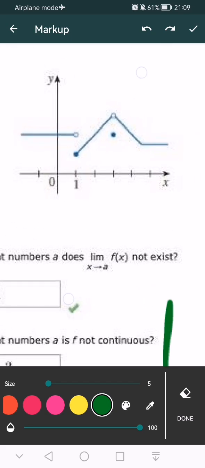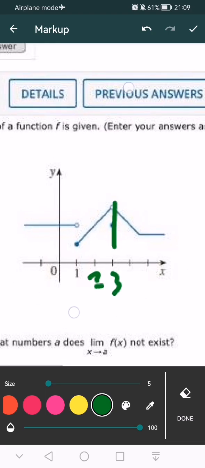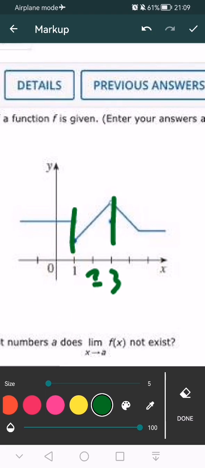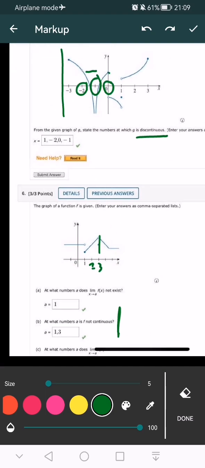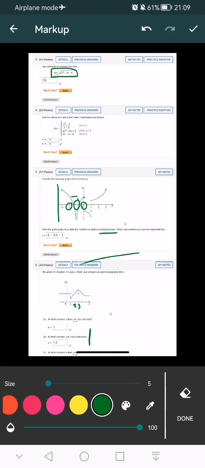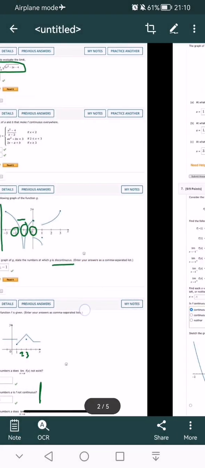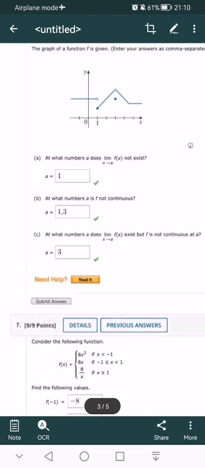So from 1 here, 2 here, 3. So at 3 also this is not continuous. So 1 and 3. Okay, 1 and 3. ما هاي سؤال كامل ولا لا؟ زين هذا سؤال كامل.